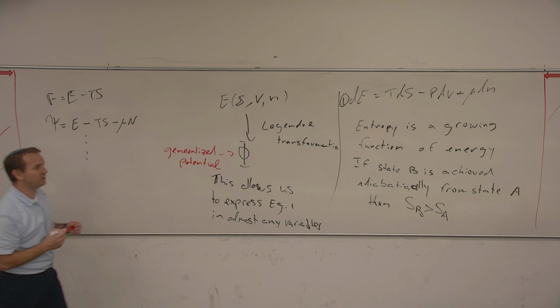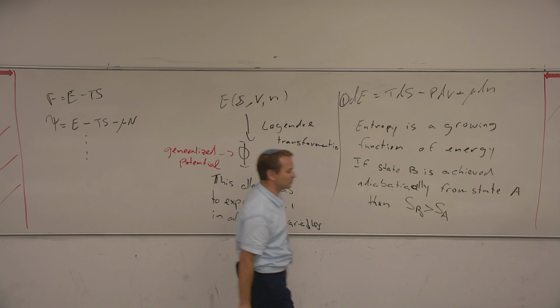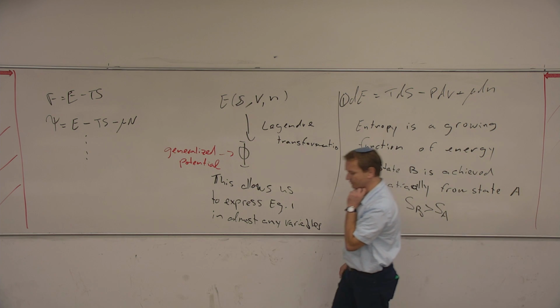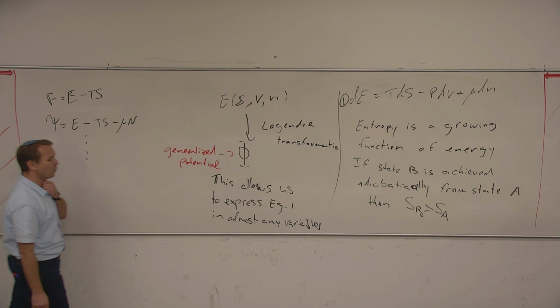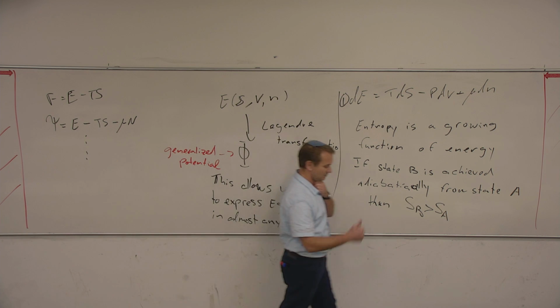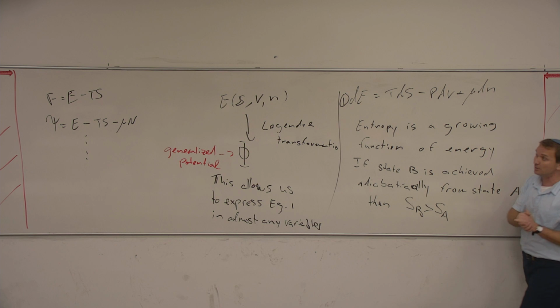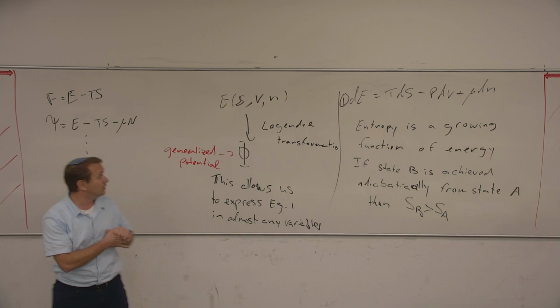Now, why do we need all this? Well, first of all, because it's some sort of description of thermodynamics that you have learned last year. But it's not enough. Why is it not enough? I need some sort of a principle that tells me what the right states are, and how those states are modified when I perform some sort of an internal modification.